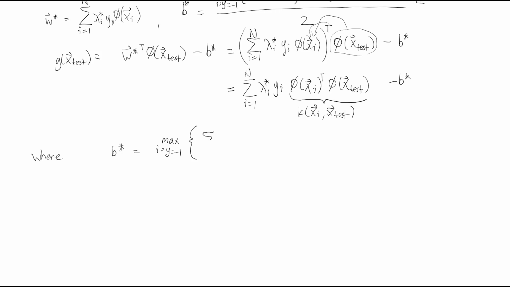W star is equal to the sum of lambda i star yi phi of xi, and then we're going to apply the transpose right away here. So that gives us W star transpose, and then we multiply by phi of xi.